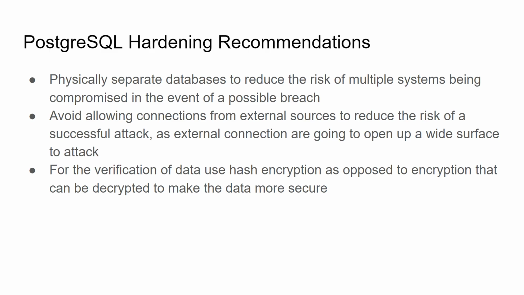Avoid allowing connections from external sources to reduce the risk of a successful attack, as external connections are going to open up a wide surface to attack. And lastly, for the verification of data, use hash encryption as opposed to encryption that can be decrypted to make data more secure.